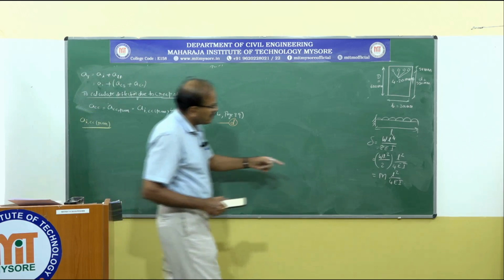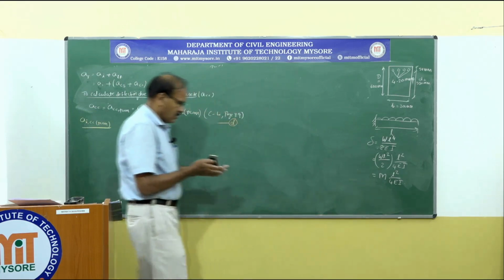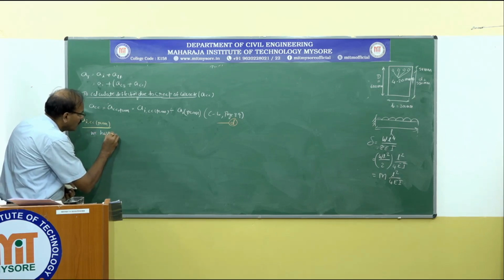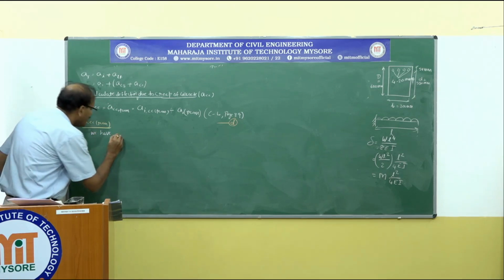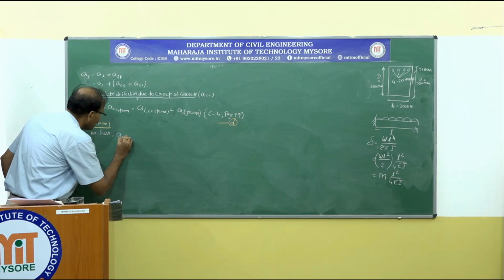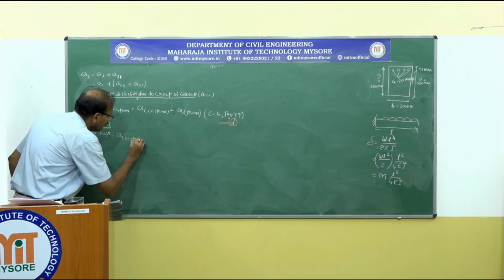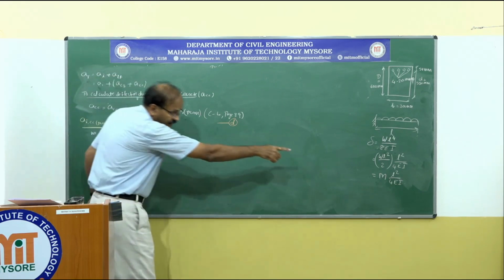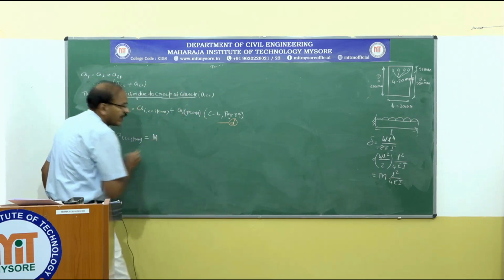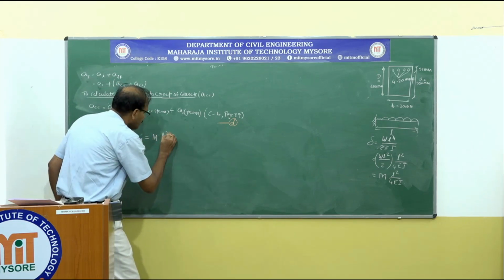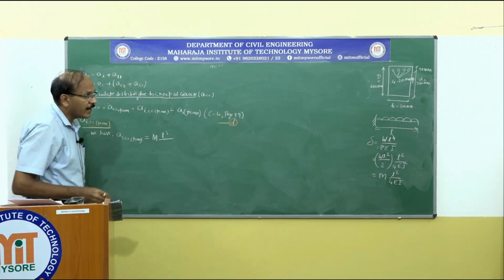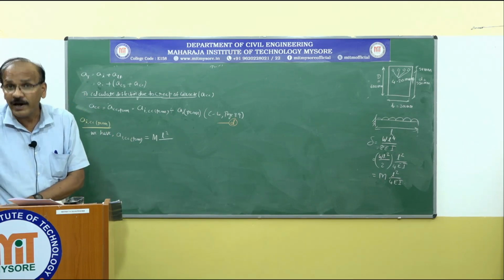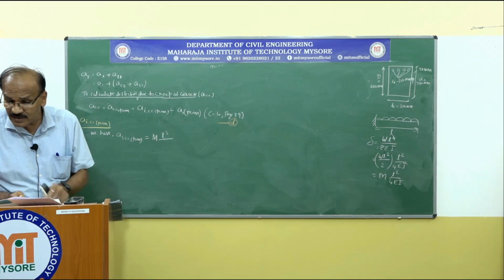So let us go one at a time. So let me write this equation. We have Ai,cc permanent equal to, I am going to write that equation, M L square, and instead of E, as per the code, I need to make use of ECE.